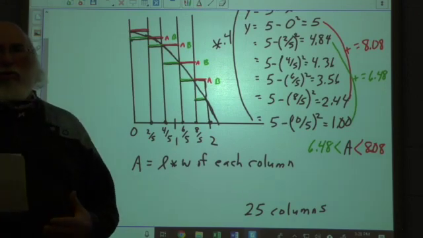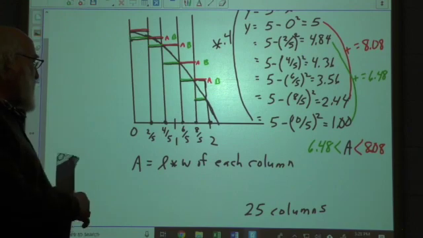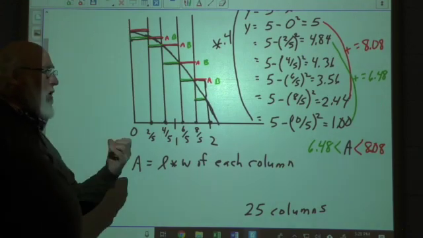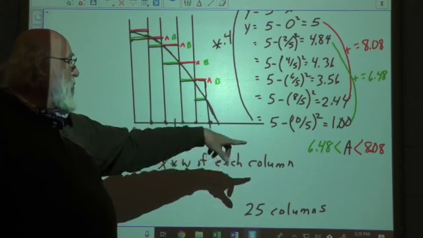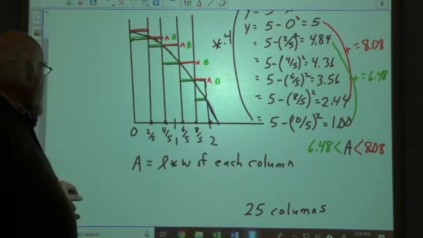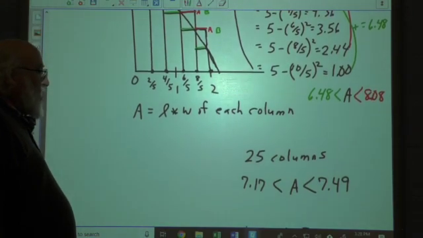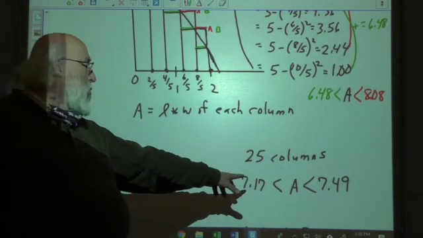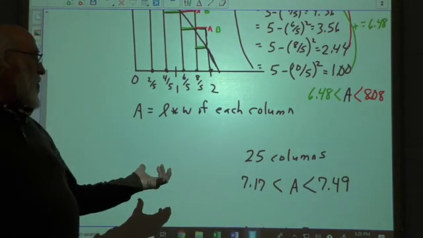Now, if I were to divide that into 25 columns instead of just 5 columns, I'm going to get a much more narrow range than what we had right here. When we do that, we find the values of 7.17 and 7.49. So it's a difference of only about 0.32.